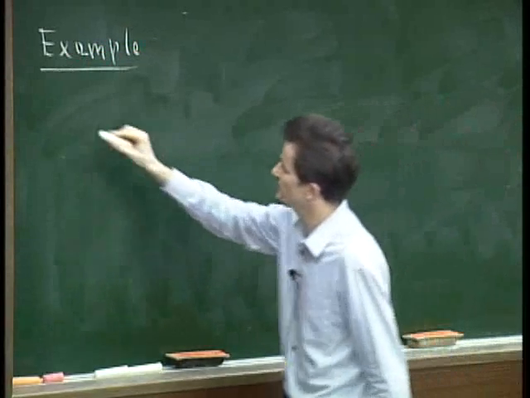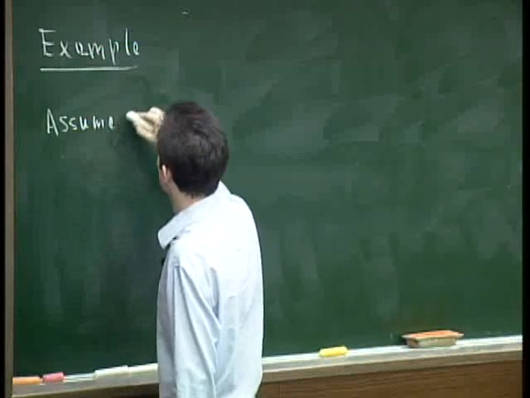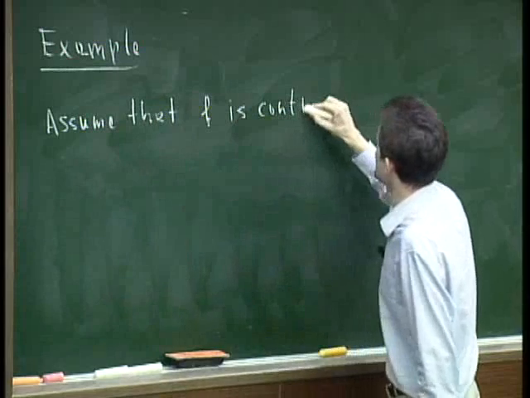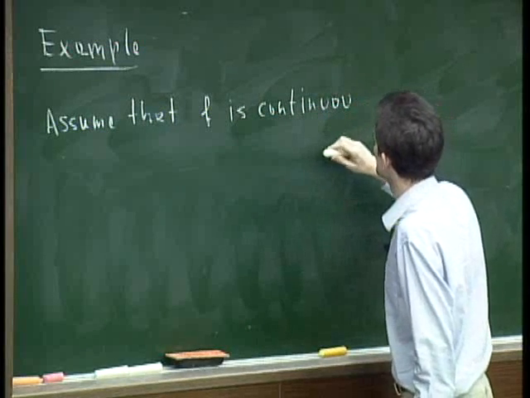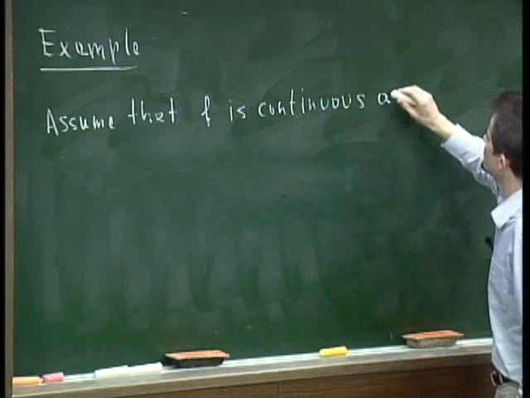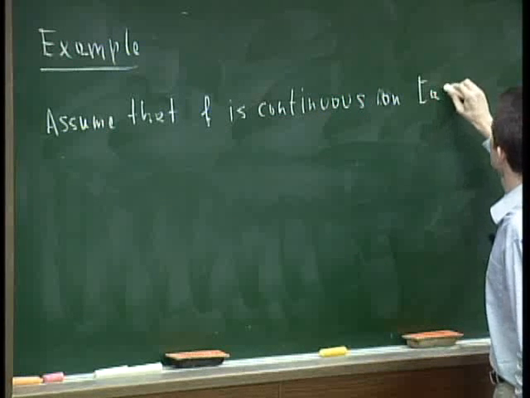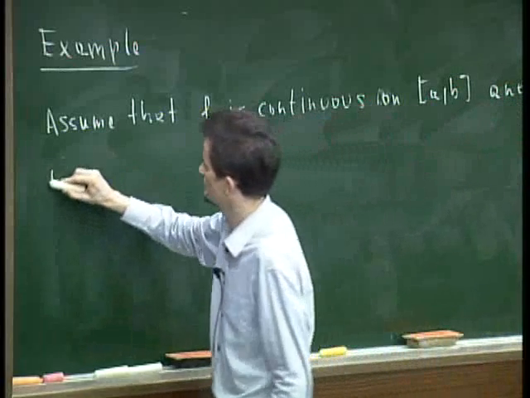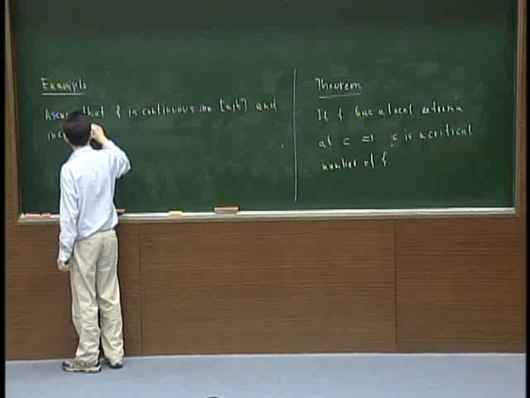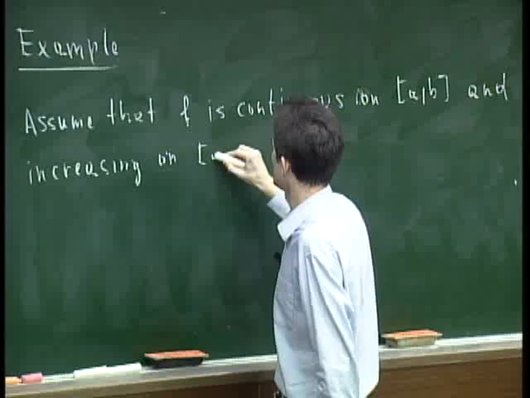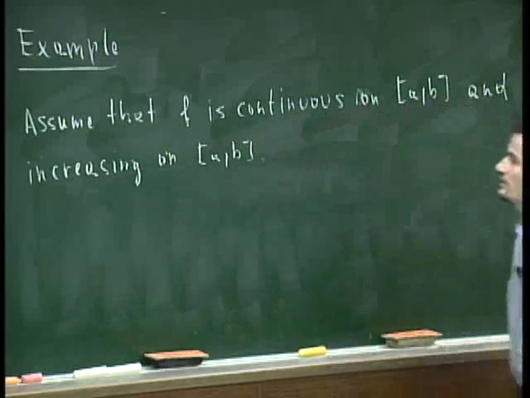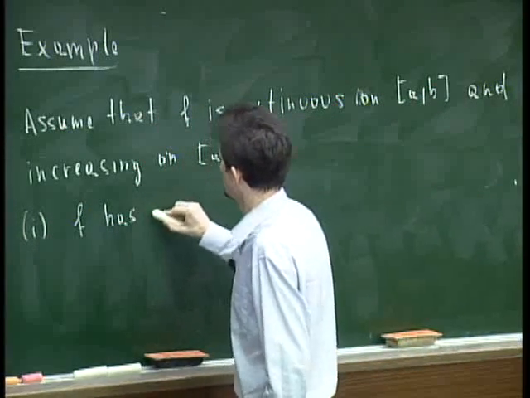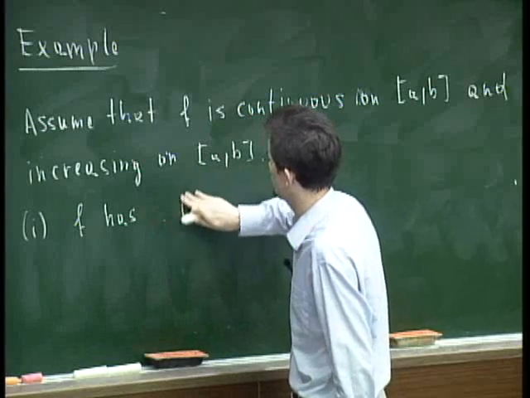Okay, so for instance, assume that f is continuous on some interval AB and increasing on AB. Then I might give you a couple of statements, like first, f has global extremas.